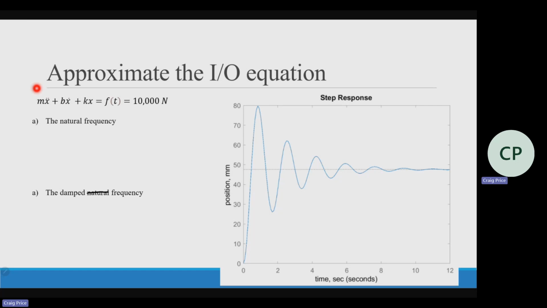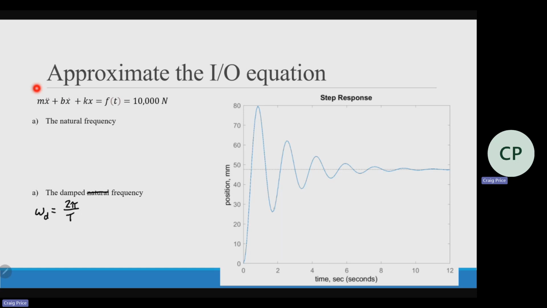We could look at damped frequency. Damped frequency is equal to 2 pi over the period. So if I know what the period is, I say 2 pi over that, that would give me the frequency of this oscillation, which could be somewhat helpful.